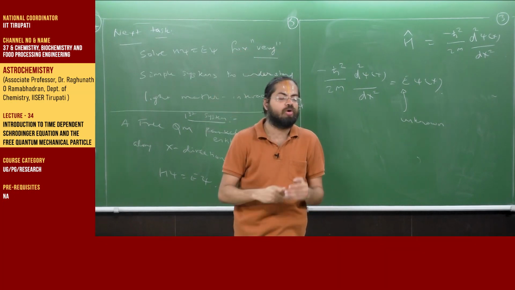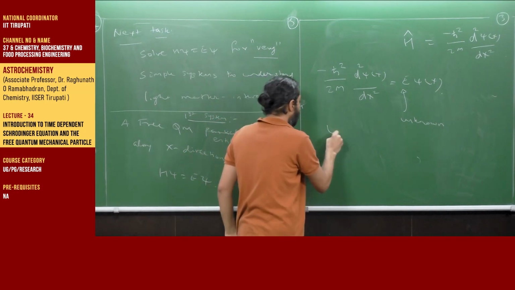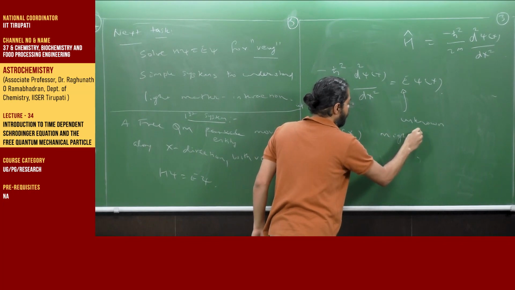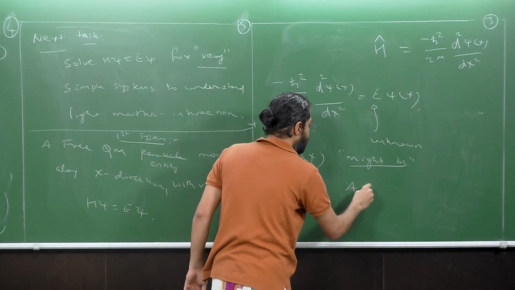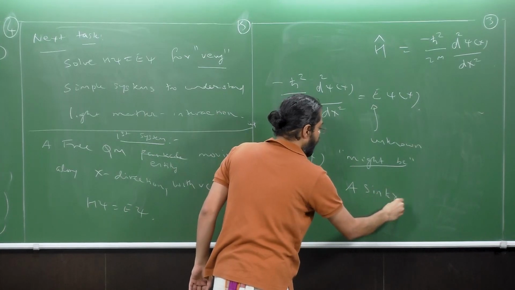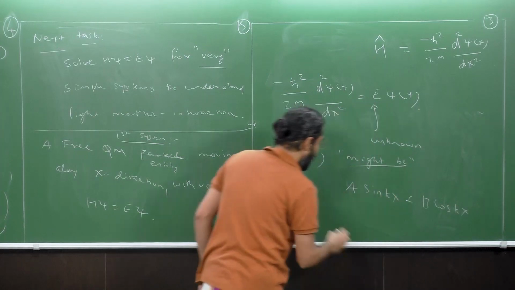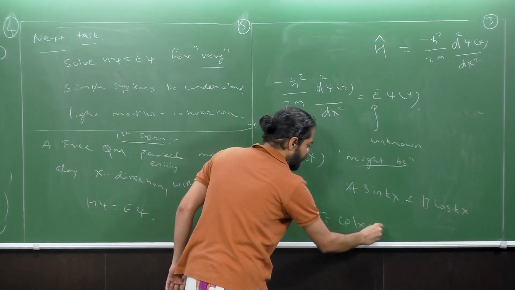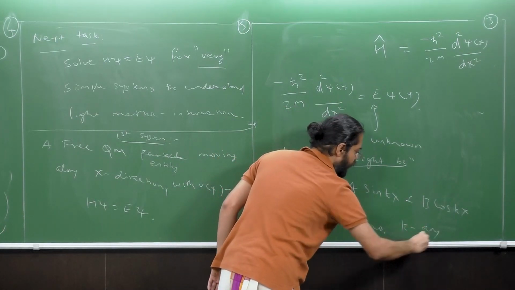So overall, a combination of sines and cosines. So psi of x might be some general combination of a sin kx plus b cos kx, where a and b can be any complex numbers, and k is any real number.